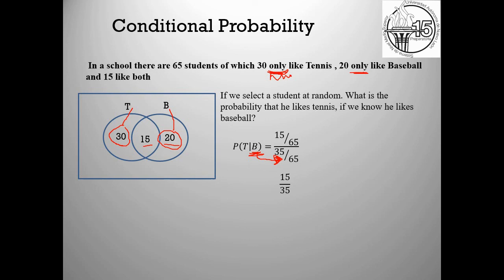So the intersection will be 15 out of 65, and the known event will be 35 out of 65. If we solve the division, we will have 15 out of 35, and we can simplify the fraction, and that will be the result.